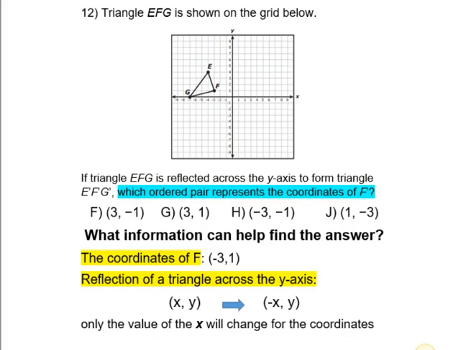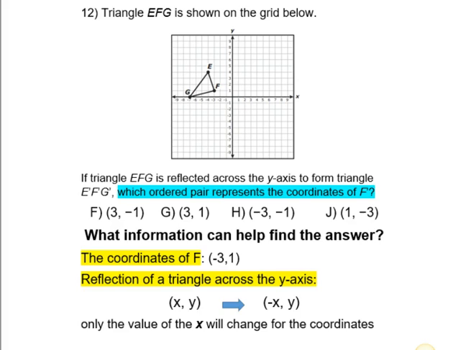What information can help us find the answer? Well, number one, we need to know the coordinates of F, which is -3, 1, and also to understand how to find the reflection of that point when a triangle is reflected across the y-axis.